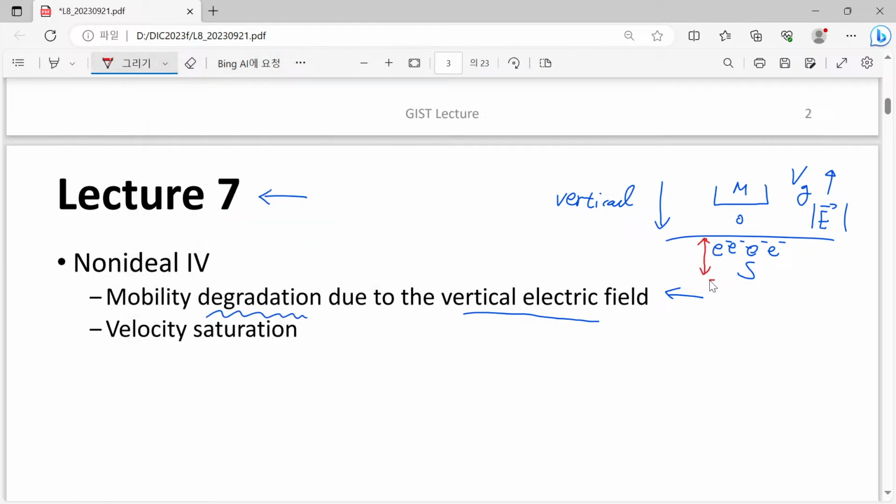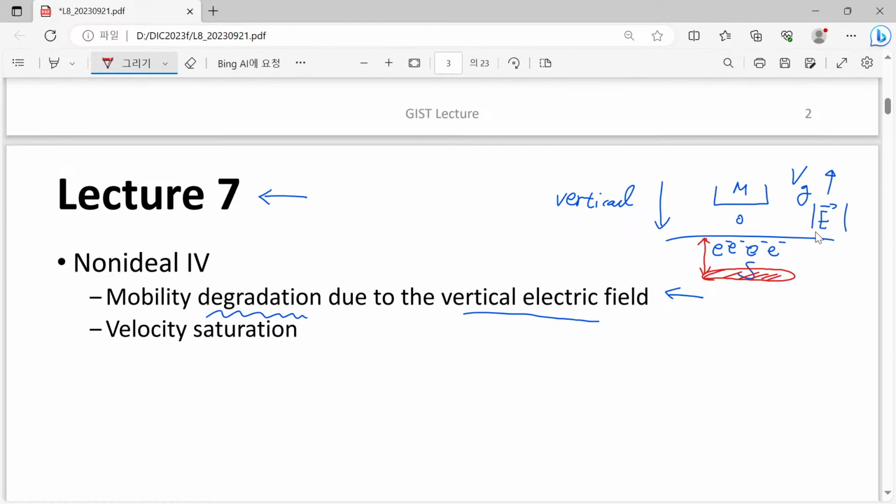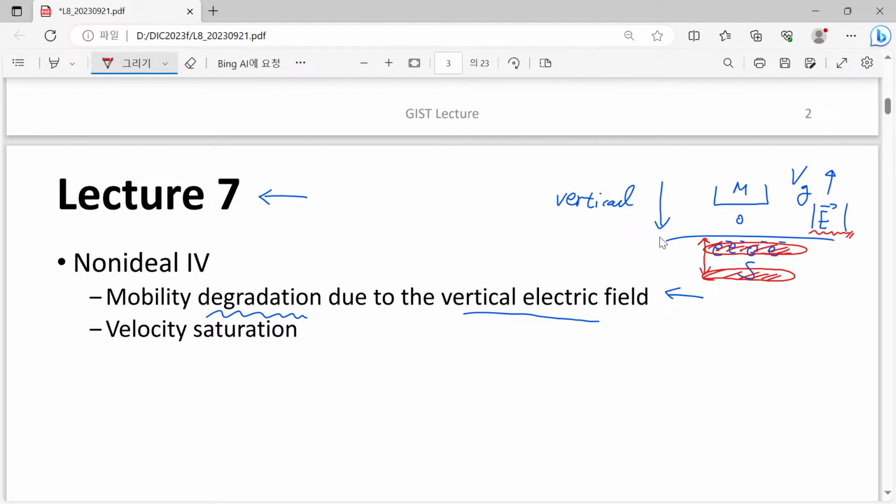Previously, for example, the electron gas on average was placed here, and now we are attracting them with a higher electric field, so they are located in this part, which is closer to the surface.